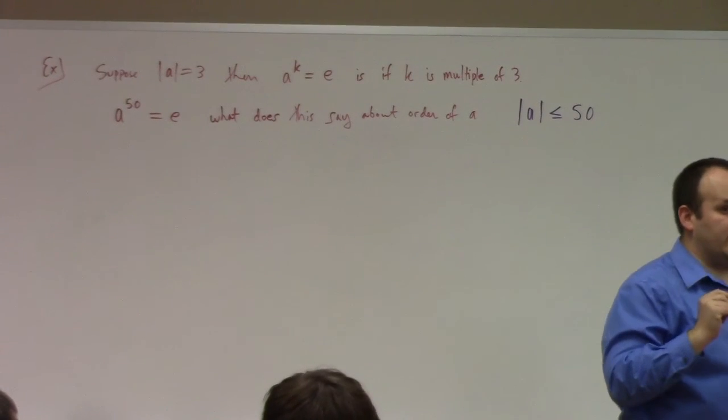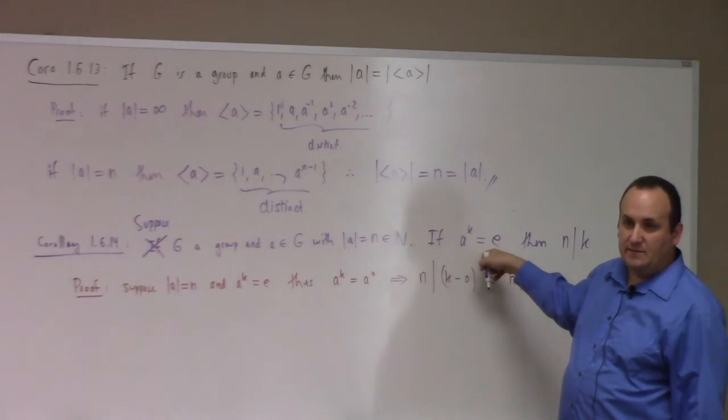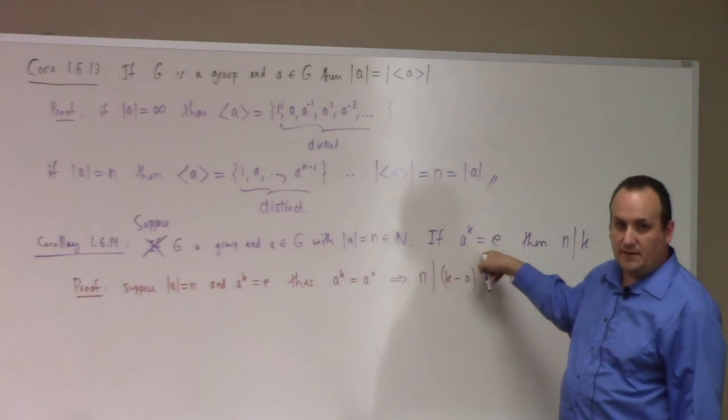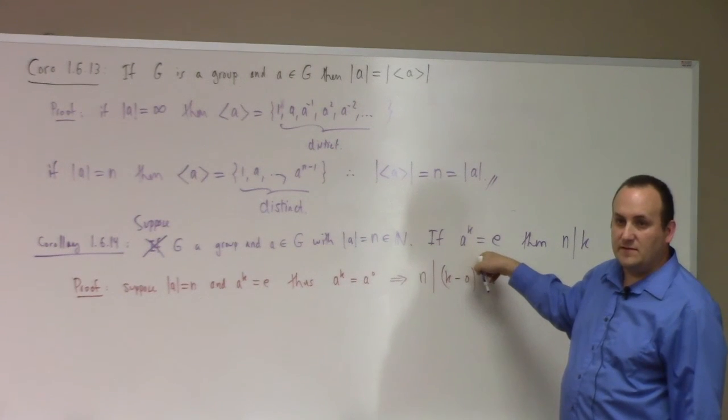But now we get to say so much more, because this corollary says that if some power goes to the identity, that power has to be a multiple of the order of the element. Since you know how to find prime factorizations of integers, you can enumerate the possibilities.